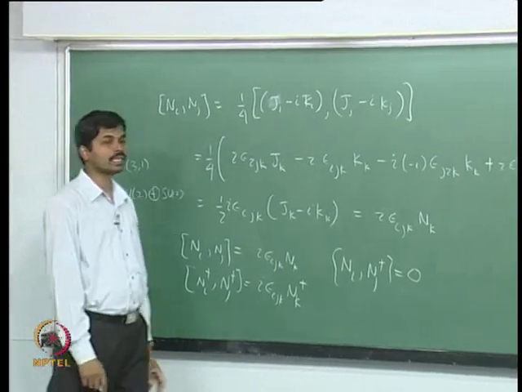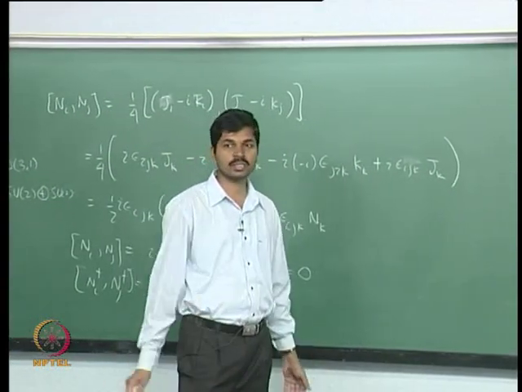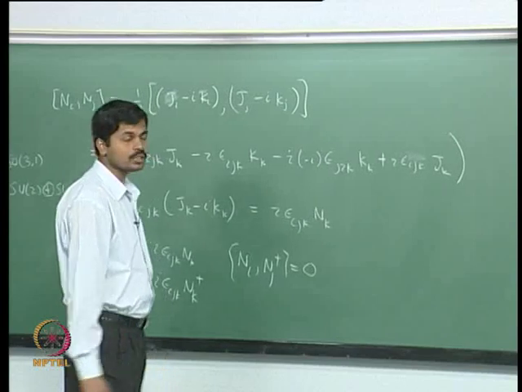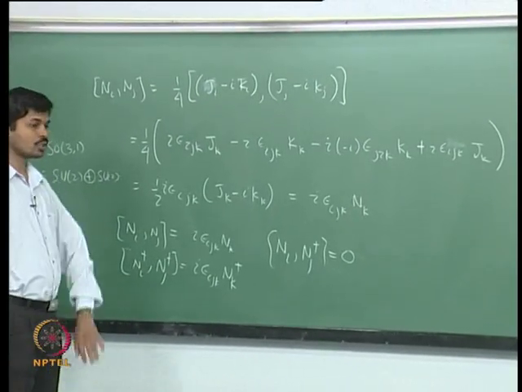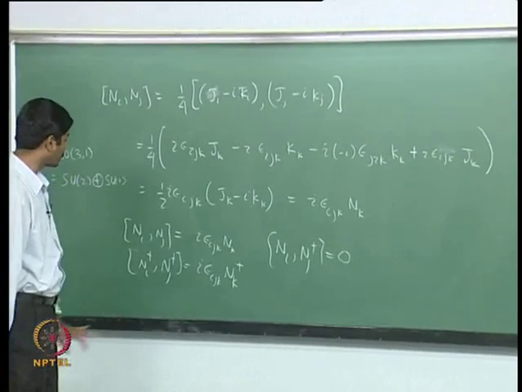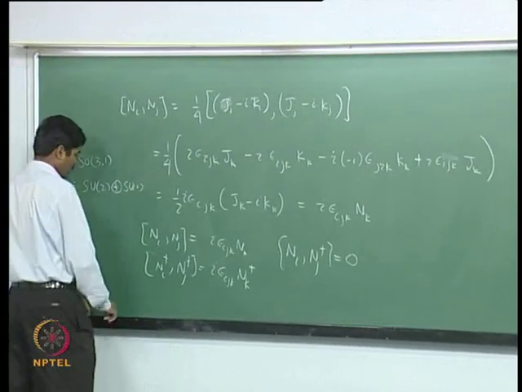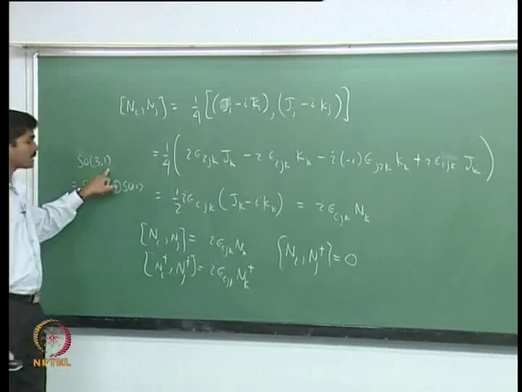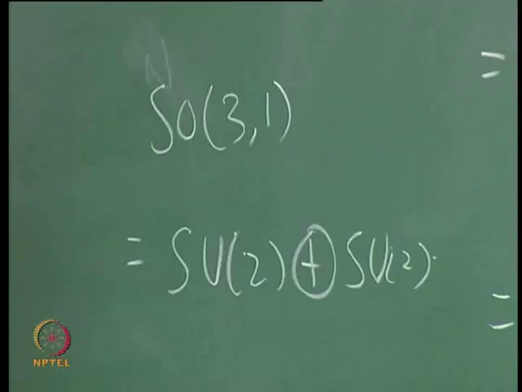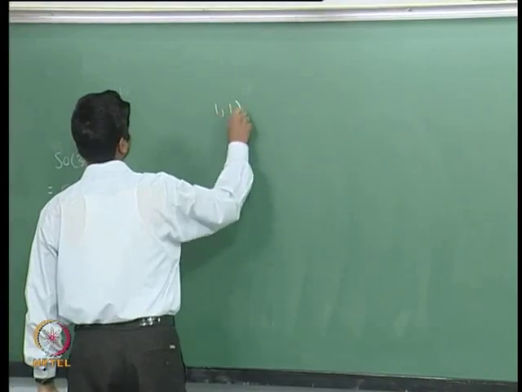I can label the irreps of SU(2) in terms of the dimension of the representation. So an SU(2) scalar will simply be denoted as 1, an SU(2) doublet or SU(2) spinor is 2, and so on. So then accordingly I can have the SO(3,1) fields, or the irreducible representations of the Lorentz algebra, labeled as (1,1).